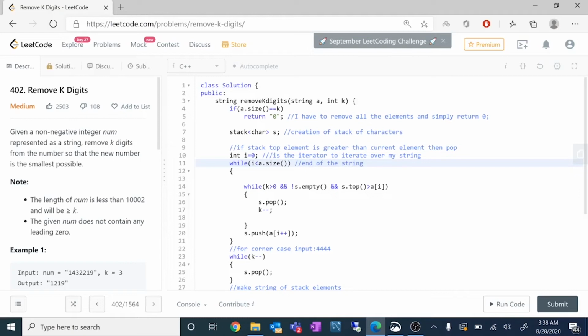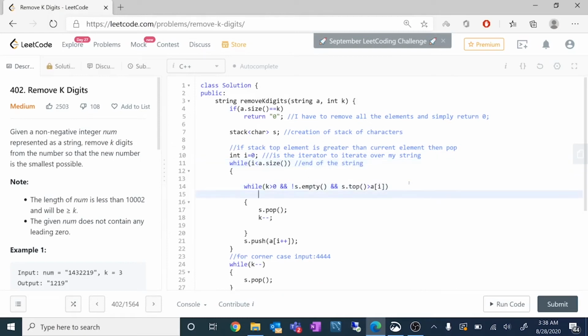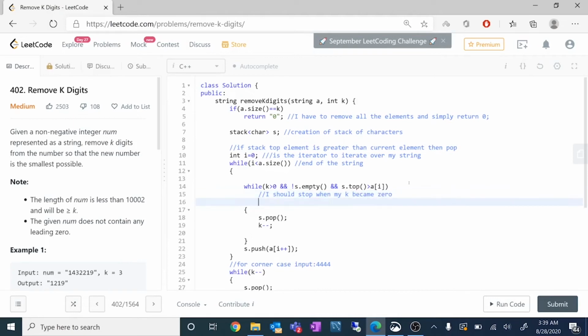Right? So here, see, this is the case that I'm talking about. This checks for k. I should stop when my k became 0, right? I should also stop if my stack is empty, that is, no more elements to pop.